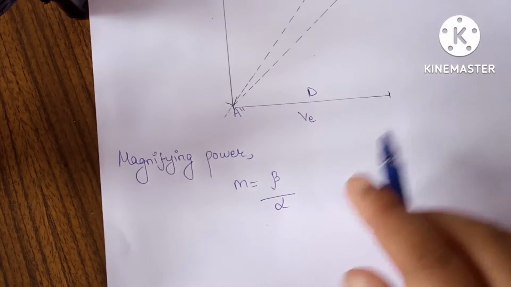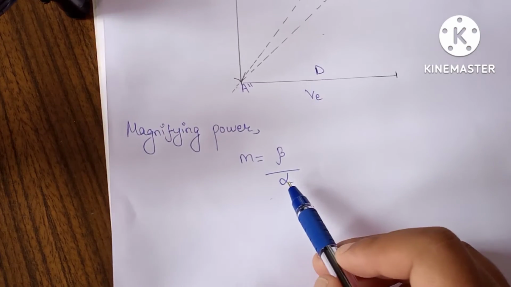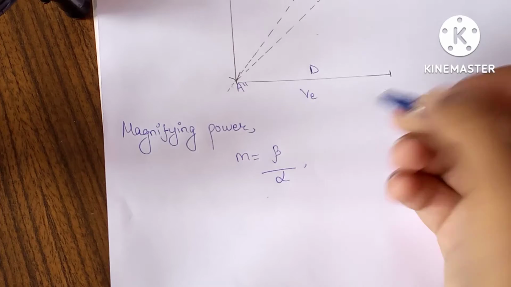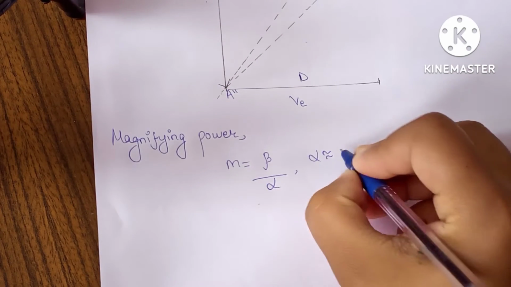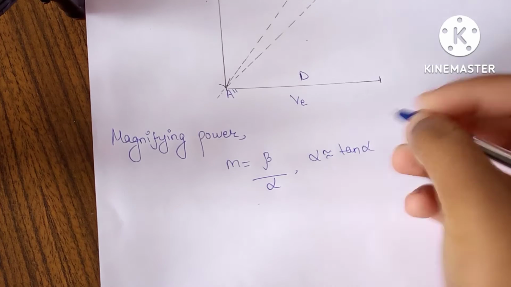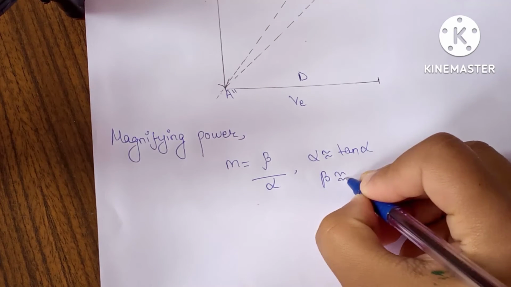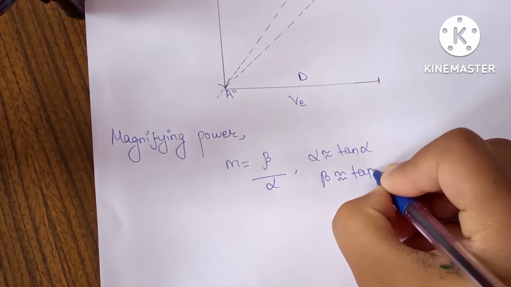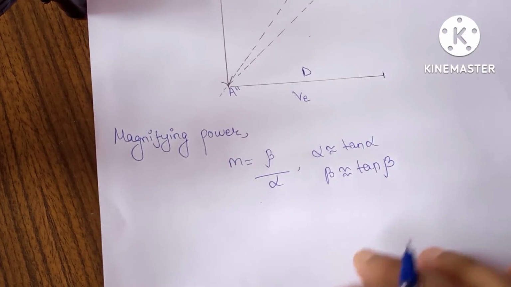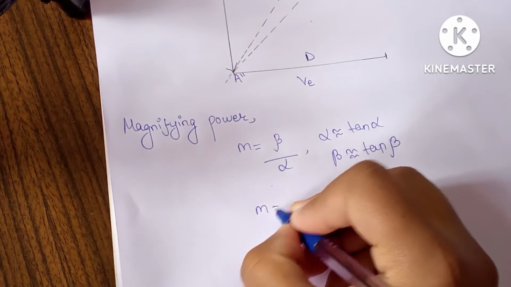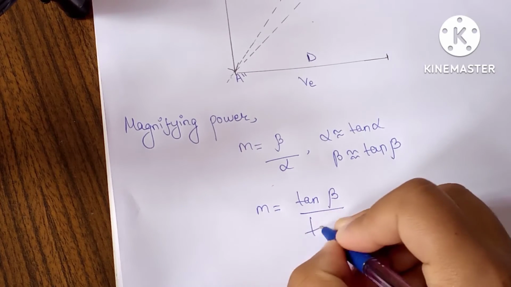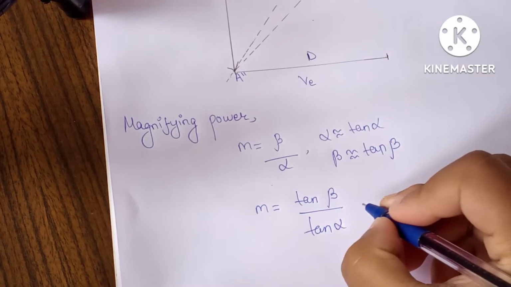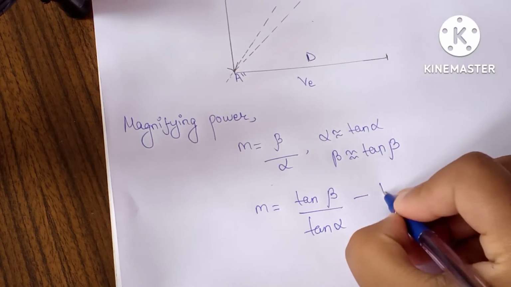So magnification equals beta by alpha, and since alpha is very small, we can write alpha nearly equals tan alpha and beta nearly equals tan beta. Now magnification will become tan beta by tan alpha. Let us mark it as equation number 1.